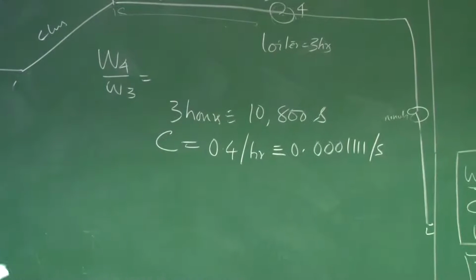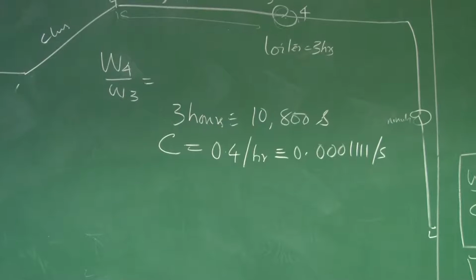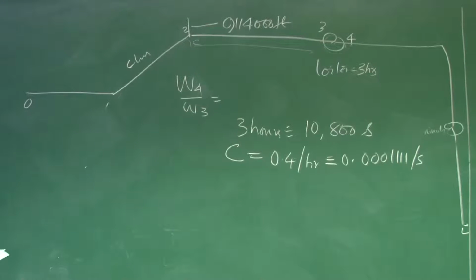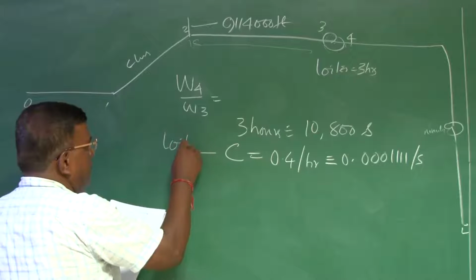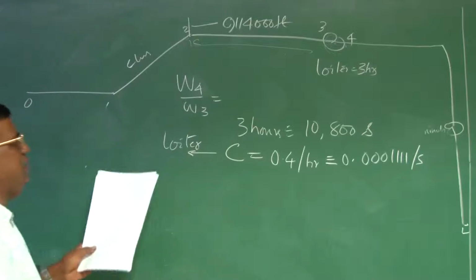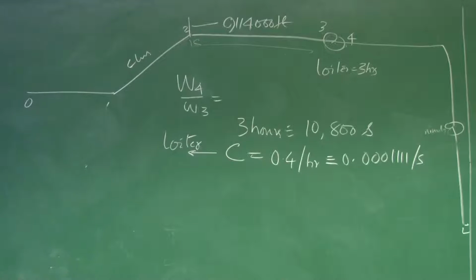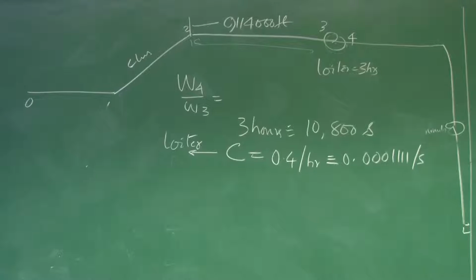I repeat again, everybody, compute yourself and discuss in the forum. And this is for loiter. Repeat for best range, the value of C, SFC for a turbofan with high bypass ratio, was 0.5, recommended 0.5, but historically the best number is 0.5.